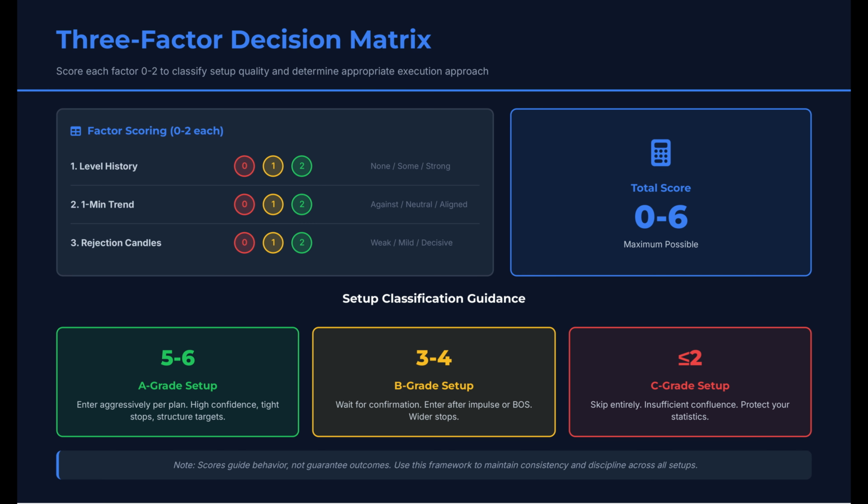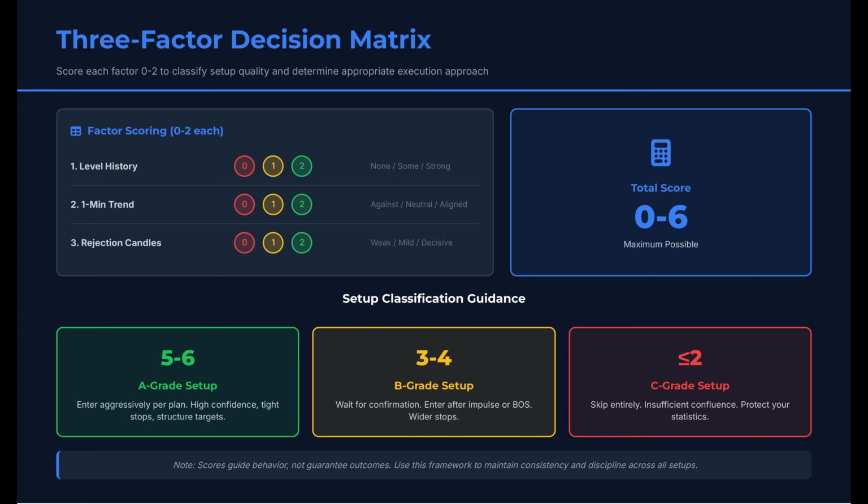Factor 3, rejection candles. Score 2 points if you see a strong, decisive rejection candle with a long wick showing institutional commitment. Score 1 point if the rejection is present but weak, small wick, modest participation. Score 0 points if there's no rejection or price blows through the level.